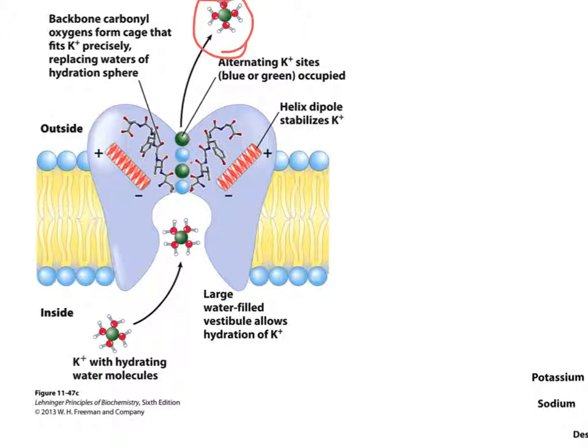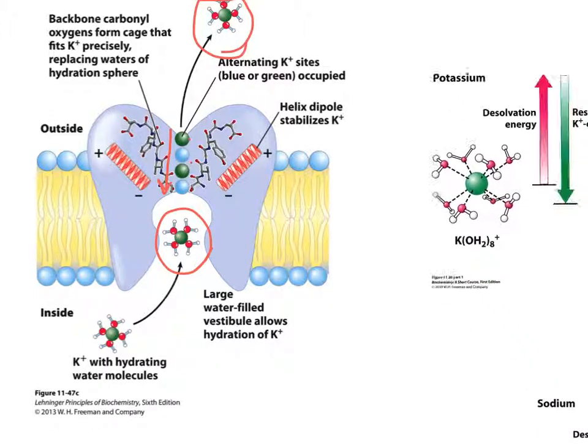What happens is there's going to be charge repulsion between the neighboring potassium ions that's going to propel the ions through the channel, and then once it's through the channel, it'll be rehydrated with the water molecules that are available inside the cell. So this is thousands of times faster than transport through transport proteins.